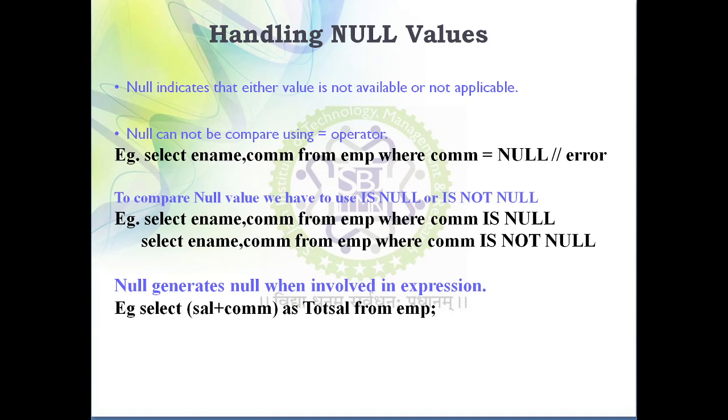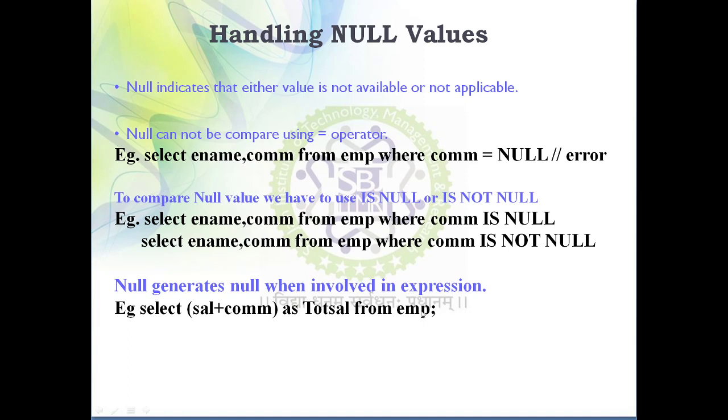Total salary is calculated as salary plus commission. We know that a few employees get commission and a few do not. So how can I write the query? Select sal plus commission, and here I am going to use an alias, as total sal, from employee.